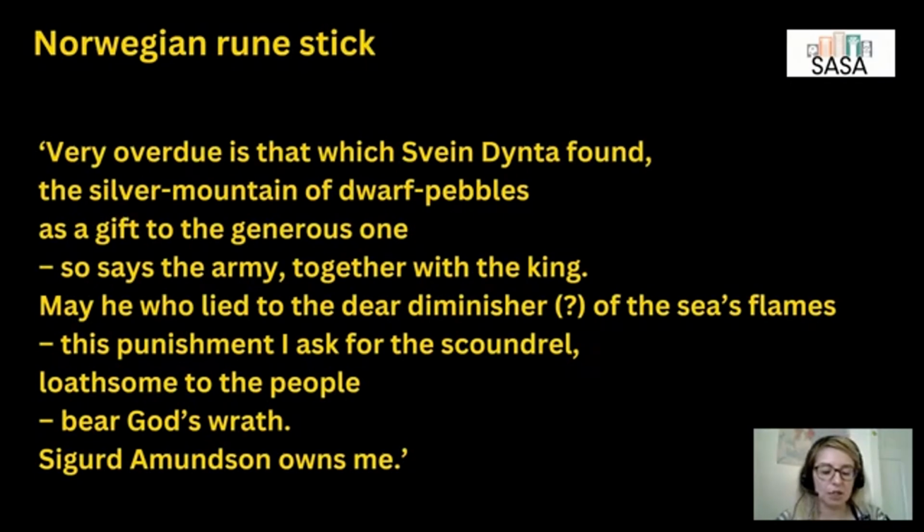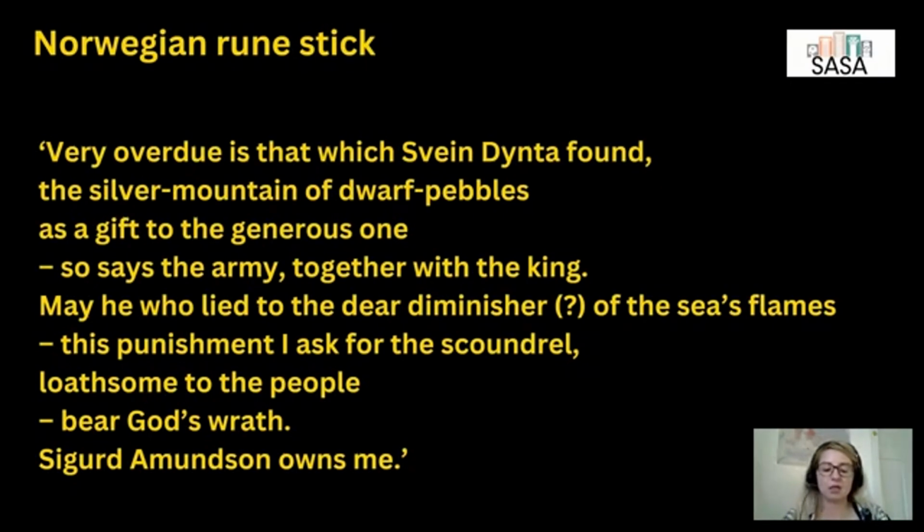May he who lied to the dear diminisher of the sea's flames, again a very complex metaphor. So the sea's flames, this would be gold or some kind of treasure, and the one who diminishes the treasure, so the one sharing the treasure with the subjects, would be the king. So the king is meant here again.